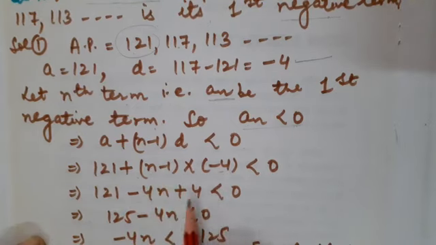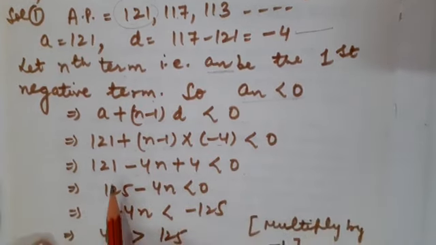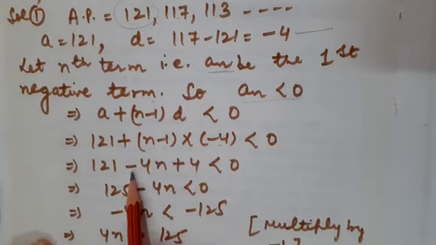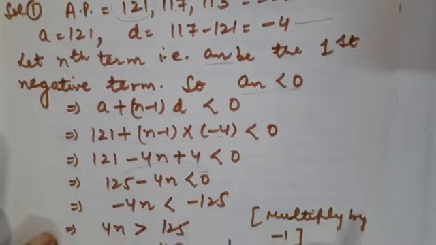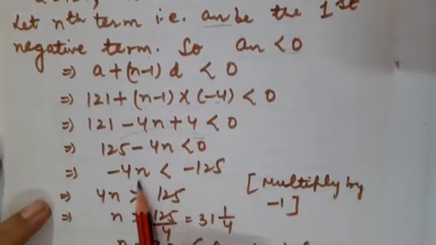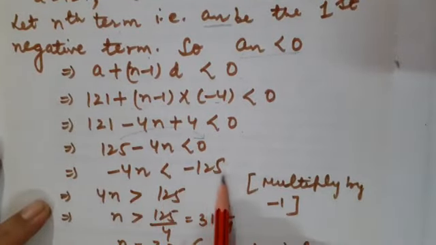Minus 1 into minus 4 will become plus 4, is less than 0. Correct? So 121 plus 4 will become 125. Minus 4N is less than 0. Leave minus 4N on this side and take this 125 on the right hand side. It would become minus 4N is less than minus 125.